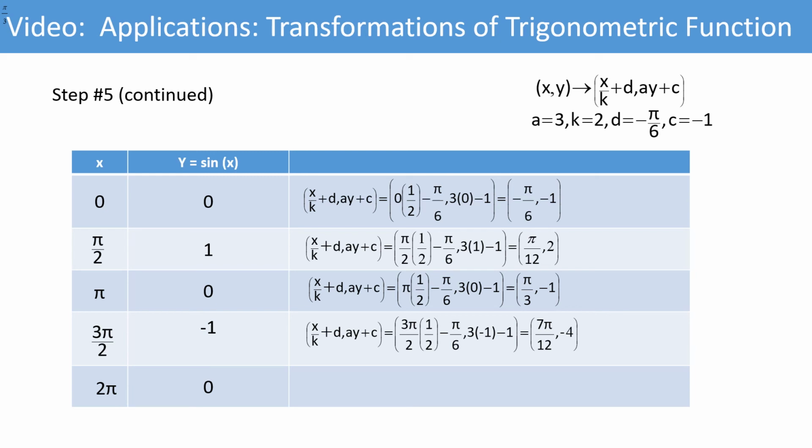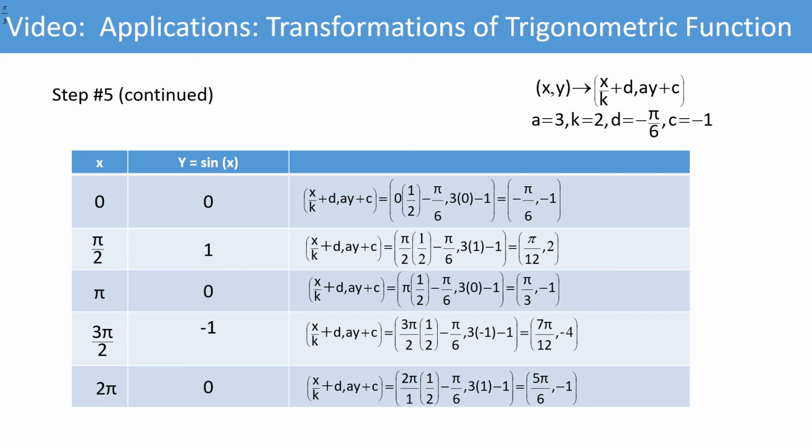In the bracket, of course, I said 1. It should have said -1. And the end point, x is 2π times 1/k, which is 1/2, minus π/6, 3 times 0, minus 1. We get the answer (5π/6, -1).